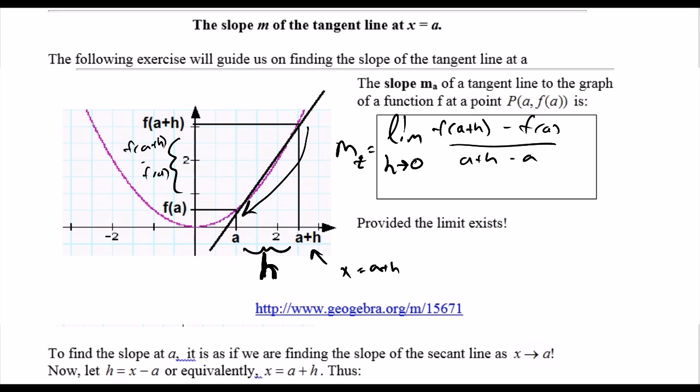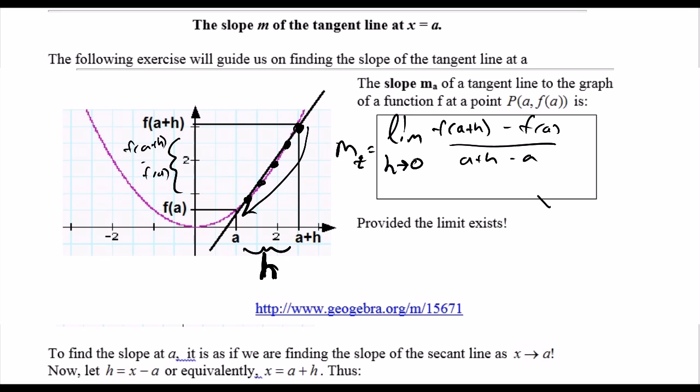That's why we have a limit. As our point approaches a, the limit of our slope will approach the tangent line. That means this limit here is going to be the slope of our tangent line.